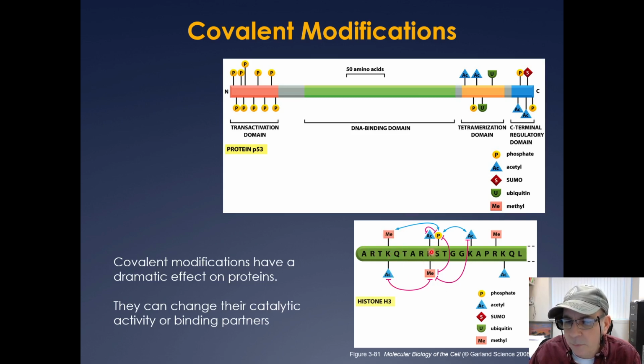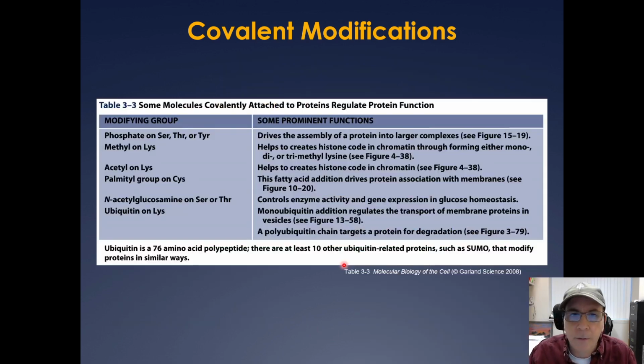Likewise, this lysine at position 9 can be either methylated or acetylated, and these different modifications can have different effects on other proteins, okay? And they can be added and removed. And we'll look at this in much greater detail later.